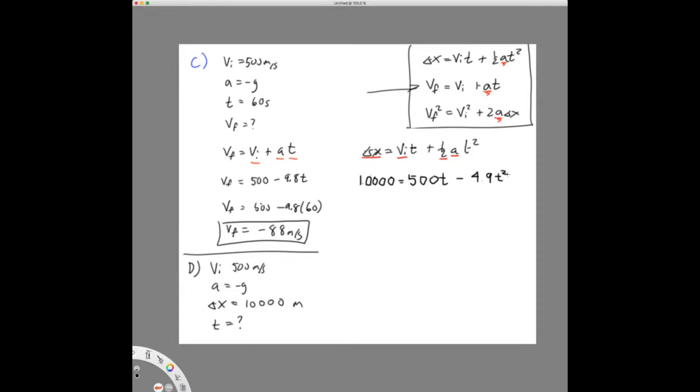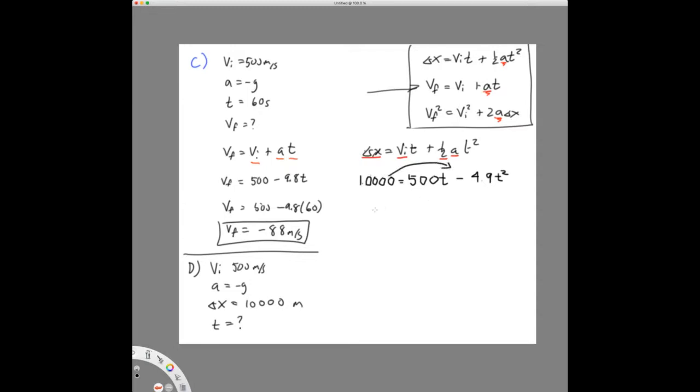Okay, so we can see here our A, B, and C. Our A is equal to minus 4.9. Our B is 500, and our C, because we have to move this to the other side, becomes minus 10,000.